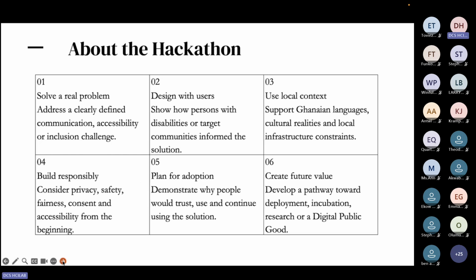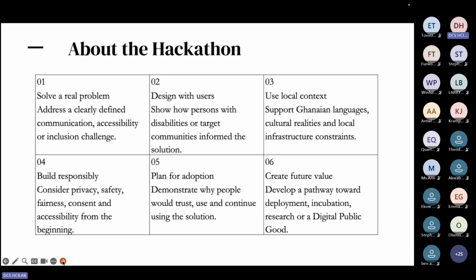As I mentioned earlier, you're expected to solve a real-world problem. That means you should be able to identify a problem and address a clearly defined communication, accessibility, or inclusion challenge.